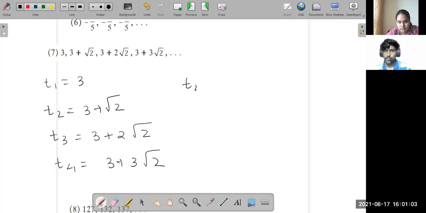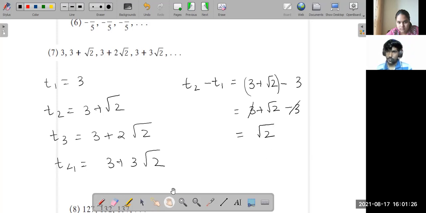Do T2 minus T1. So T2 is 3 plus root 2 minus T1, that is 3. If you open up the bracket, 3 plus root 2 minus 3, the 3 minus 3 cancel, you will be left with just root 2. This clear?